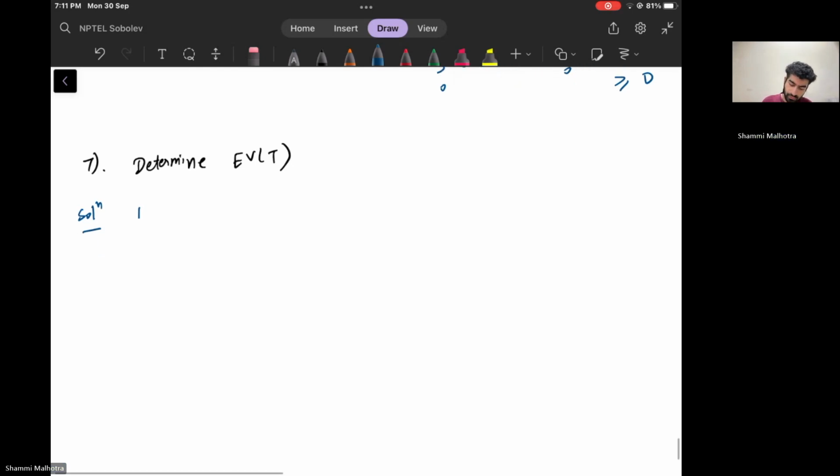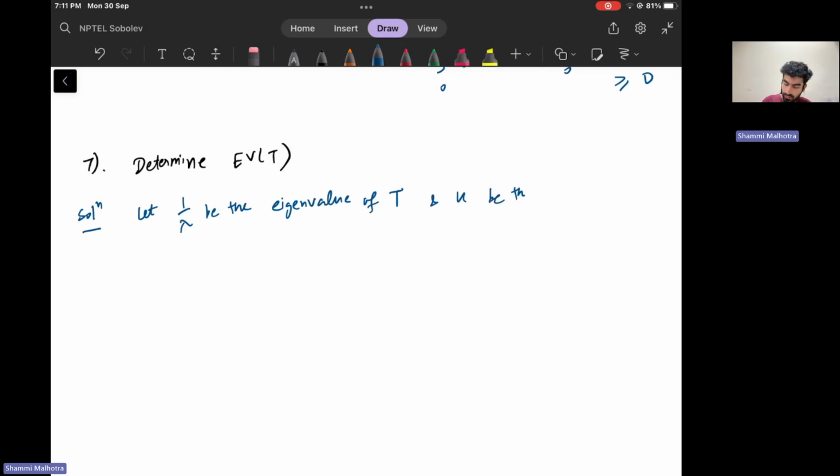So let 1 by lambda be the eigenvalue of T, and u be the corresponding function.